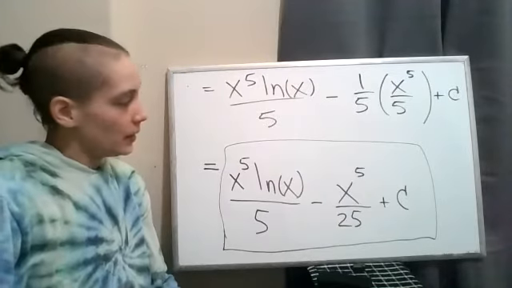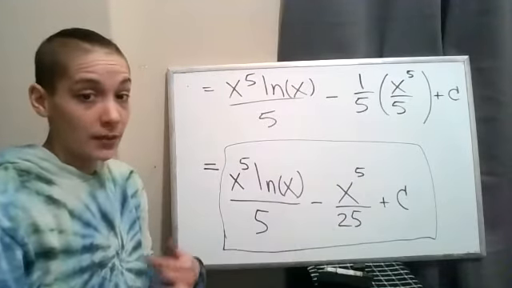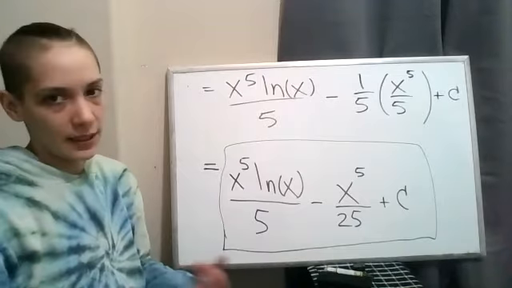Okay, so we're going to do the integral of e to the 3x times x squared dx.